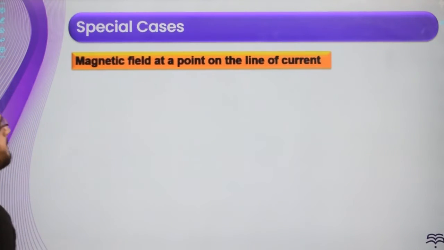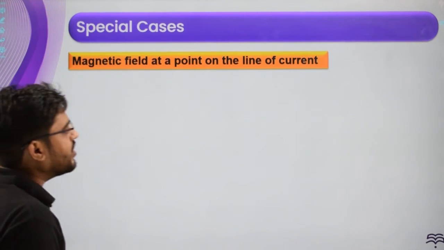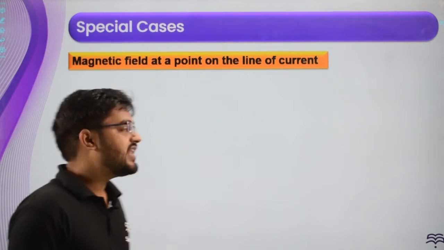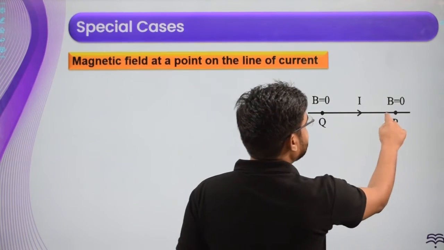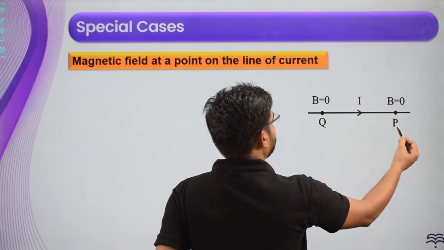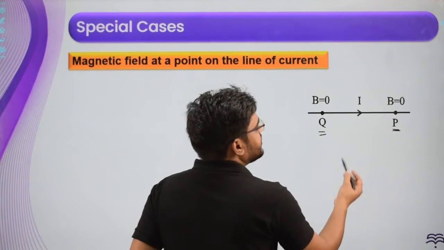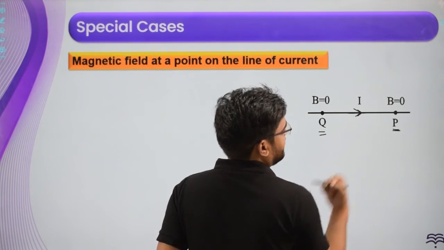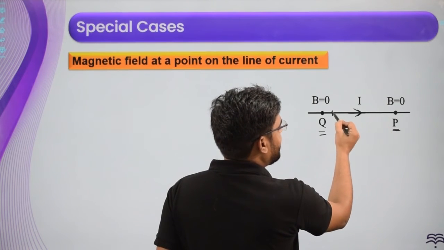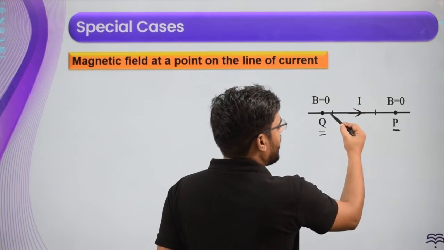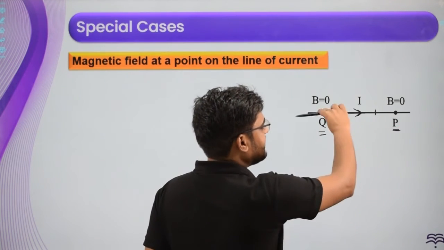The next case is the magnetic field at a point on the line of the current. Line of the current means this is our wire which is carrying some current, and now let us say we have to get the magnetic field either here or here. So this is my dl, right? If I join this point to here, the angle is going to be how much?